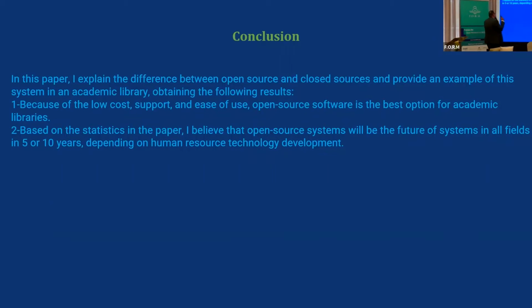And finally, I think that open source is the future of systems in all fields. There is an ERP system called Odoo, but it depends on one thing: we have to develop human resource technology to work with open source. I'm sorry for taking long, and thank you very much.